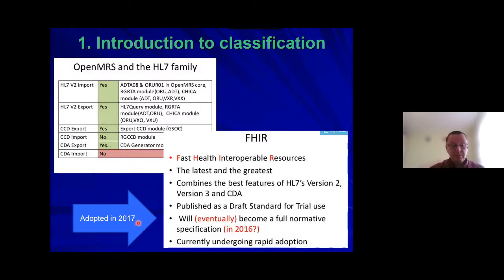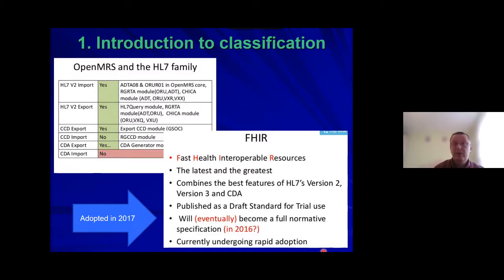Actually, it is already up to now fully adopted, and the major point is that it introduces and uses JSON, JavaScript Object Notation, as a universal container for data exchange.